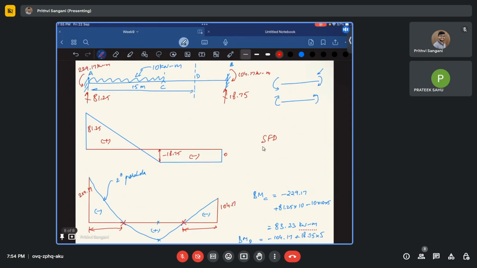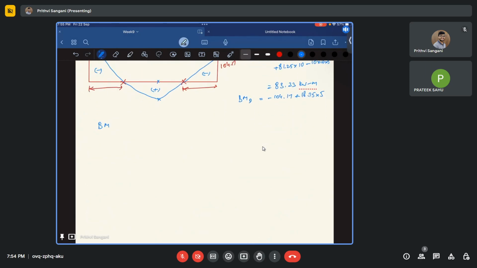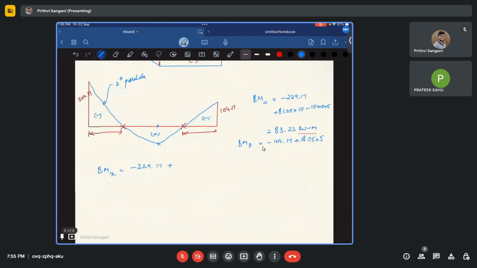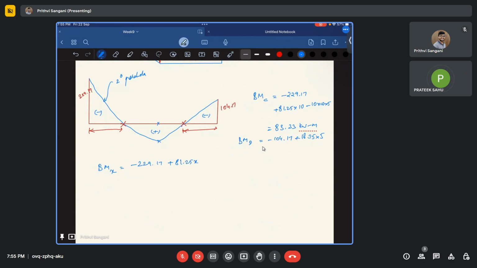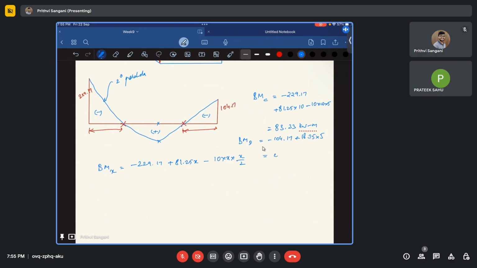Let us say the point of contraflexure is at distance x from support A. So bending moment at x is going to be minus 229.17 plus 81.25 into x, minus 10 x times x by 2, that is equal to 0. So minus 229.17 plus 81.25x minus 5x square equal to 0.